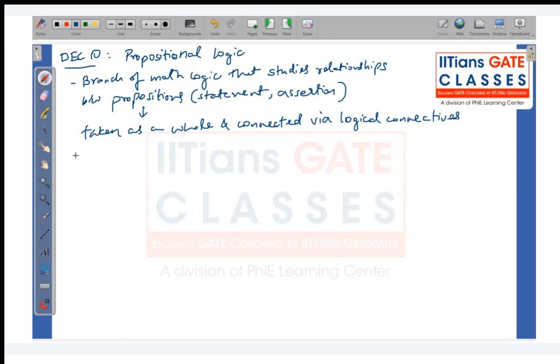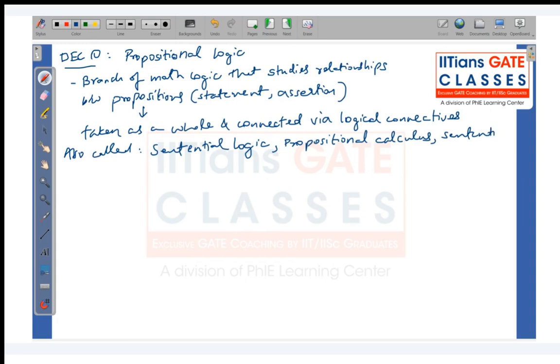Some other names for this are proposition logic, sentential logic, propositional calculus also, and a combination of these two, sentential calculus.